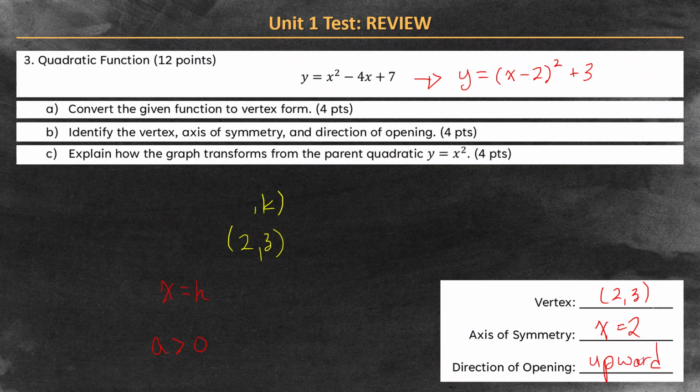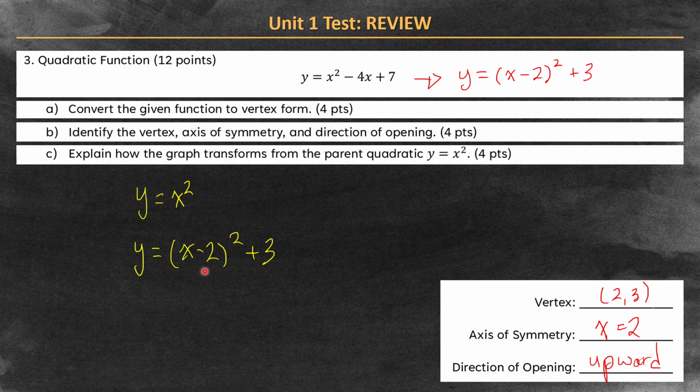Now, part C, explain how the graph transforms from the parent function, the parent quadratic, y is equal to x squared. So to make it clear, let's write it. y is equal to x squared. That's our parent function. And we have a given function in vertex form, which is y is equal to x minus 2 squared plus 3.